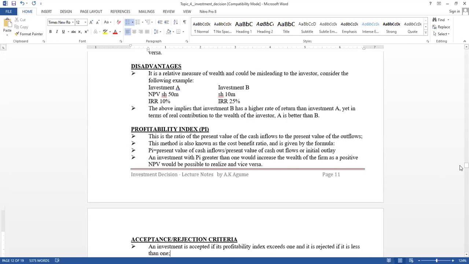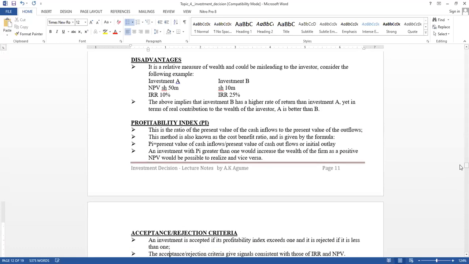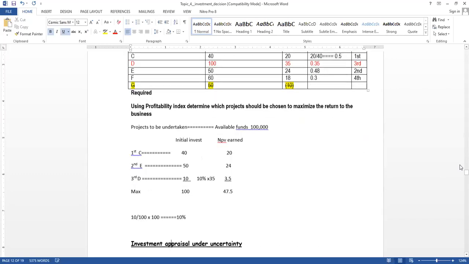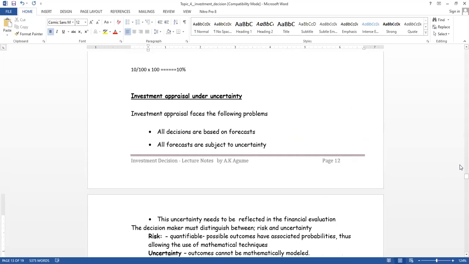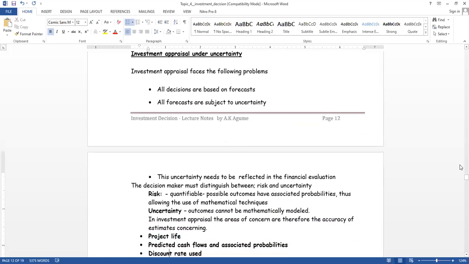All right. So we have looked at the three methods now. Those that incorporate time value of money. Then we also looked at those that do not consider time value of money. So having looked at that, now we need to bring in the element of risk and uncertainty. Because you see, all this that we are doing, you find that you are basing on forecasts.